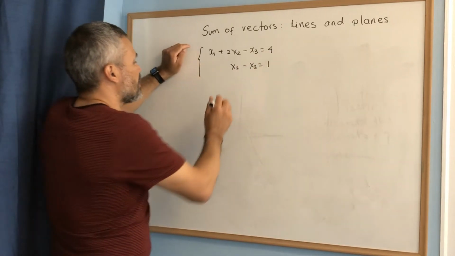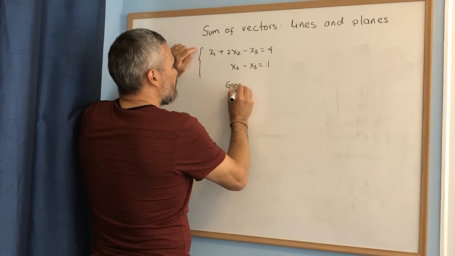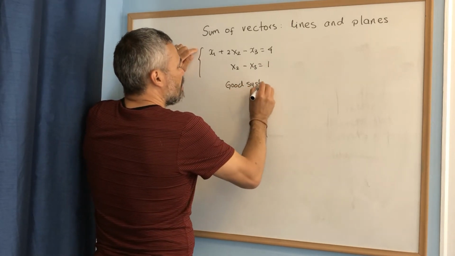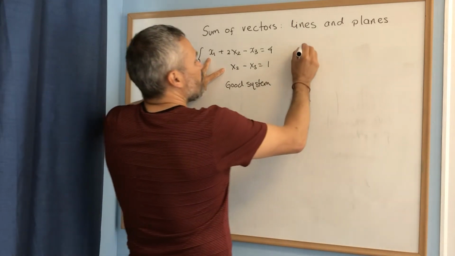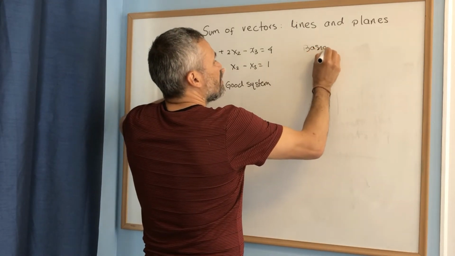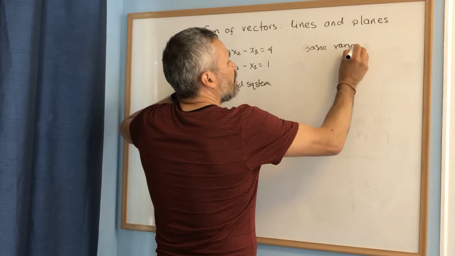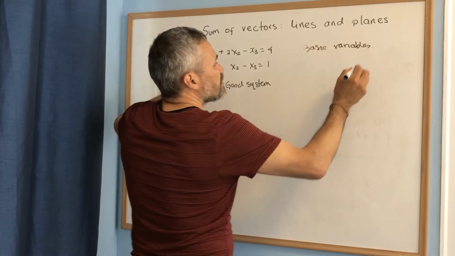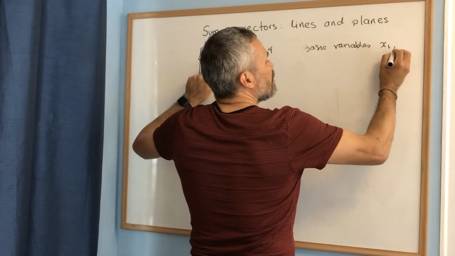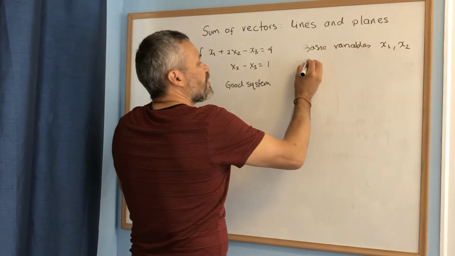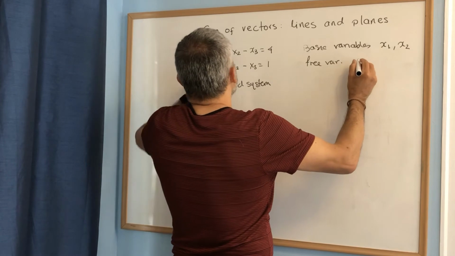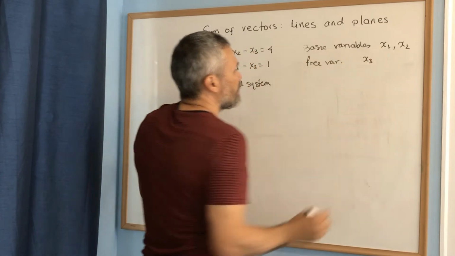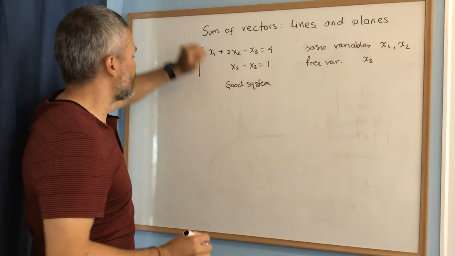Then we notice that this classifies as a good system. And we notice that the basic variables are x1 and x2, and the free variable is just x3. Then I have to write the basic in terms of the free.